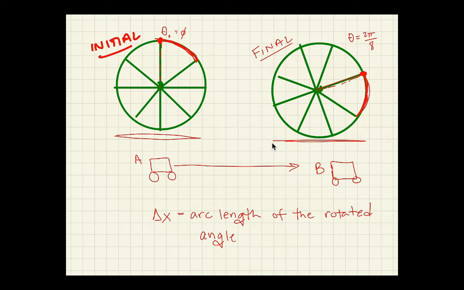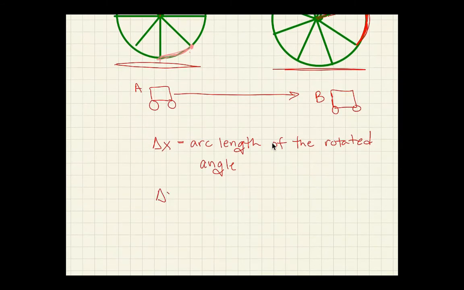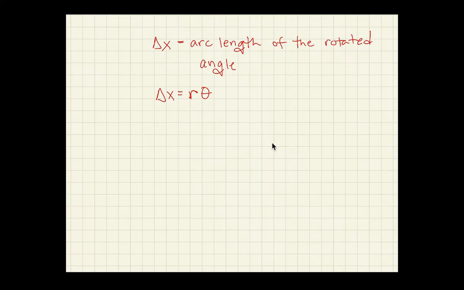Right? So if you imagine this bottom point right here, as this car wheel rotates, that bottom point's going to move this much. Well, the point underneath the car has to move forward, and so it moves forward by that much as well. Which is to say that delta x equal to the arc length would be calculated as the radius times the angle theta. So in order to convert between rotational and translational, you just multiply the rotational component by the radius, given that you are in radians, not degrees.